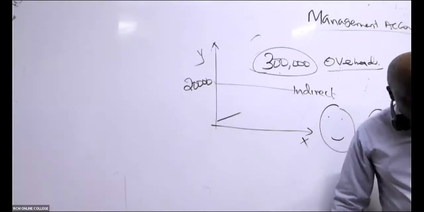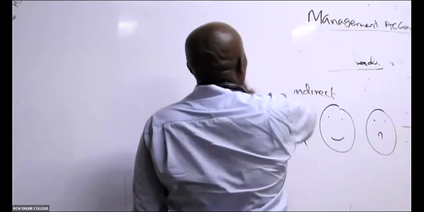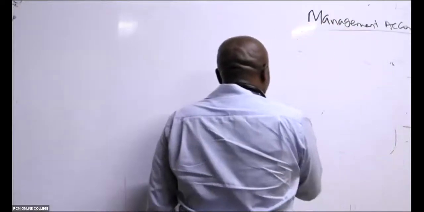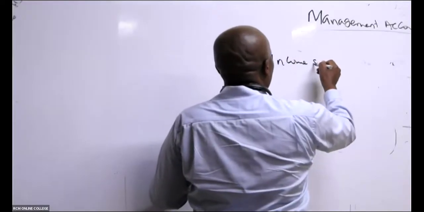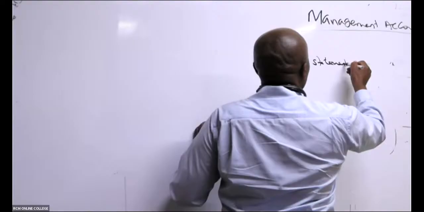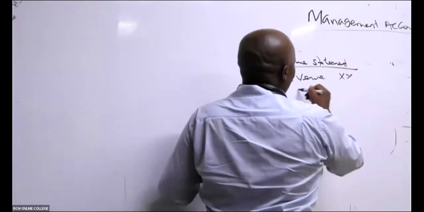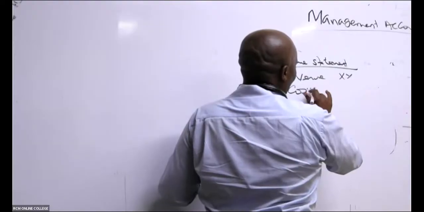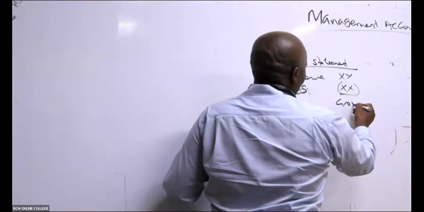Please listen to me very well. We have our income statement. In our income statement, if you remember very well, what do we normally write? We have the income statement or statement of comprehensive income. We start with revenue, and then we go to cost of what here? Goods sold, isn't it? Cost of goods sold, for us to get gross what here?